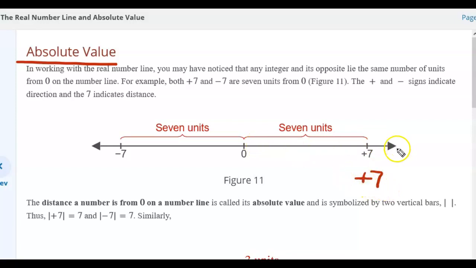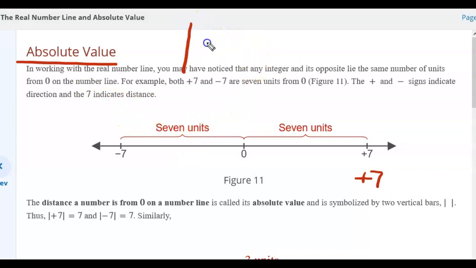Well, it's 7 units. Well, how about a negative 7? How far is that from 0? Again, that's 7 units. So we say the absolute value is the distance something is from 0, so it's always going to be positive because this is a measure of distance.